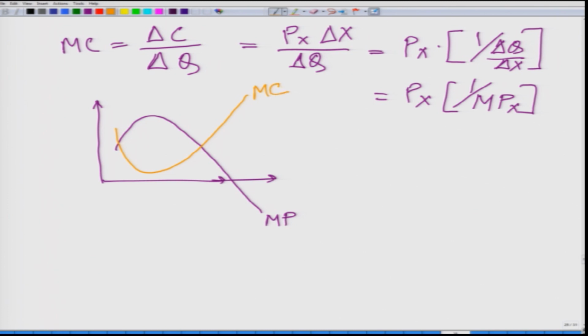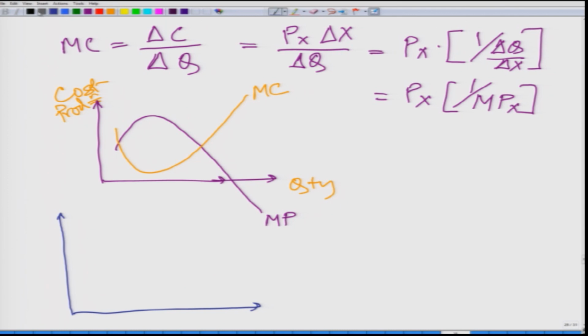Yes, this is a U-shaped curve, just opposite. So this is my quantity and this is my cost for the marginal cost, or production for the marginal product curve.